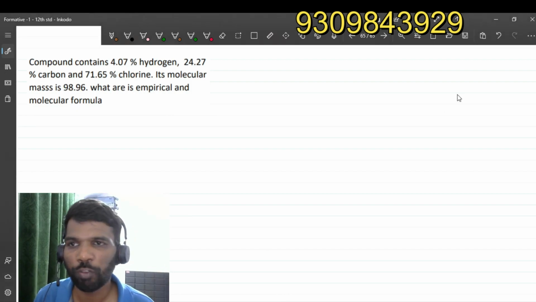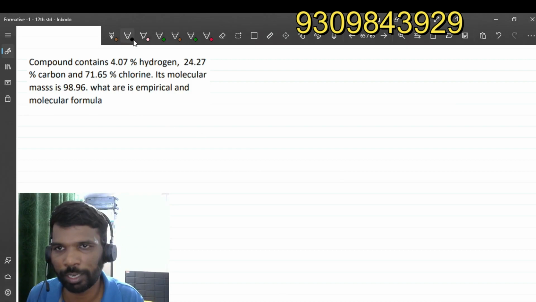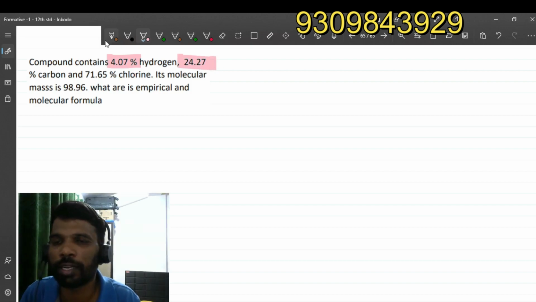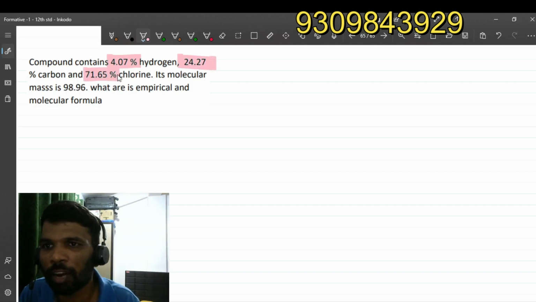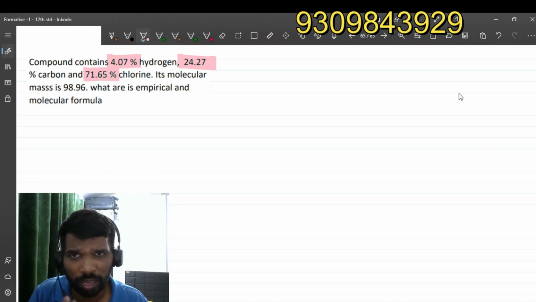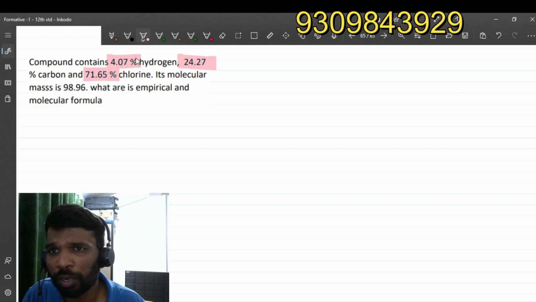So they have given the percentage. Whenever percentages are given, the question becomes easy. You shouldn't be scared after looking at the percentage. Many times students feel that some percentage is given and it will be very difficult for me to solve. Remember that.